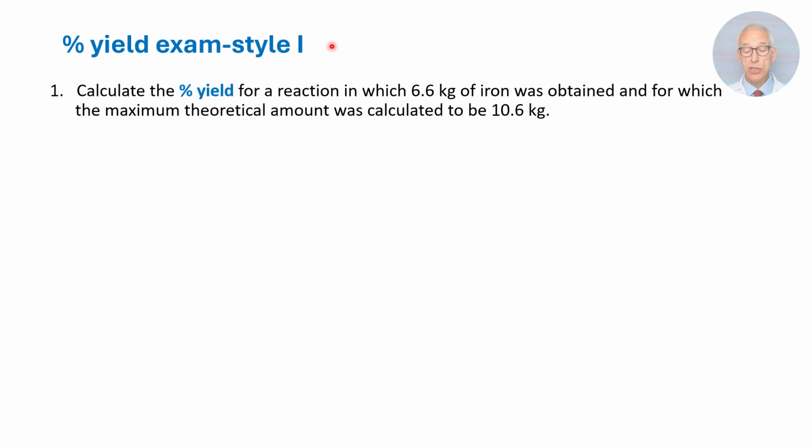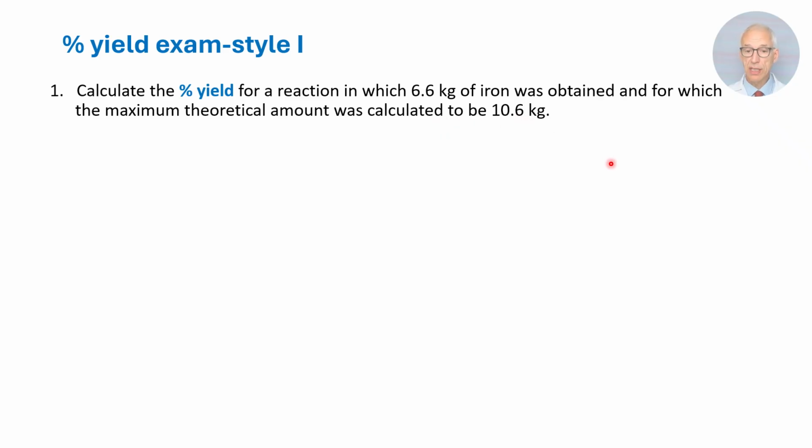So I have two problems on this slide. Both of them are by far the most popular exam style questions used by the AQA. So problem 1, calculate the percentage yield for a reaction in which 6.6 kilograms of iron was obtained and for which the maximum theoretical amount was calculated to be 10.6 kilograms.